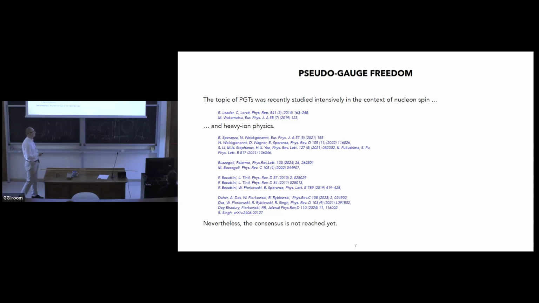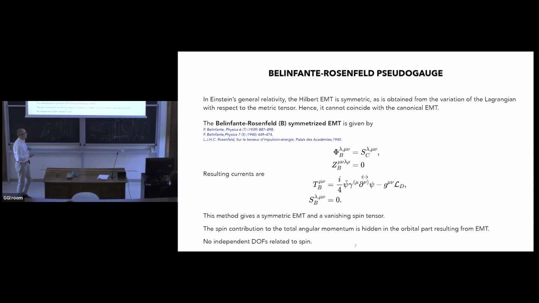But I would say that so far there is no consensus on how to solve this problem. There are different gauges that are commonly used. However, in my opinion, none of these gauges is preferred, or there is no consensus on which one should be preferred to use in practice.